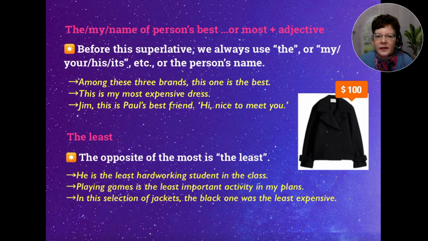That one is the superlative for good. And then we have this is my most expensive dress. So comparing all my dresses, this is the most expensive. All right, and then Jim, this is Paul's best friend. So name of a person, comparing his friends, this one is the best.